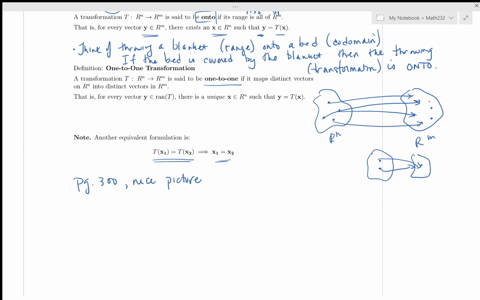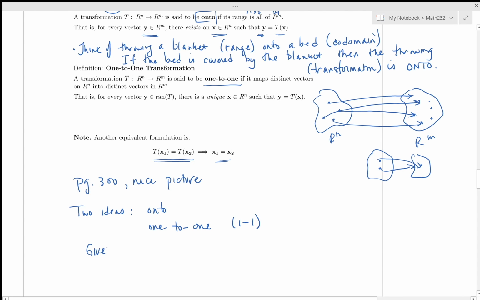Okay, so we've got two ideas here: we have onto, and we have one-to-one. I will sometimes write one-to-one like this. And then we have a transformation, and a given transformation can be neither.